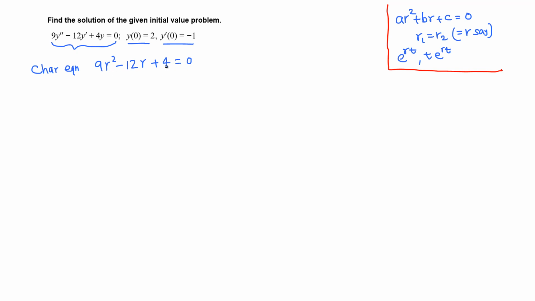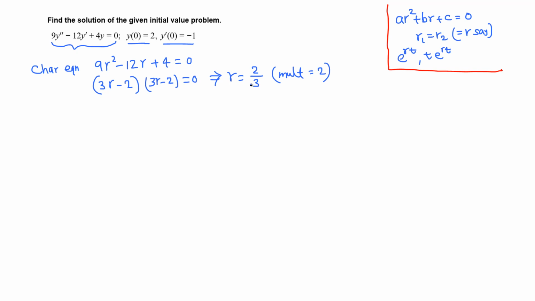Looks like it factors: 4 times 9 is 36, 6 times 6, 12. So this is (3r minus 2) times (3r minus 2), or (3r minus 2) squared equals 0. That means r equals 2/3 twice, or just 2/3 with multiplicity 2.